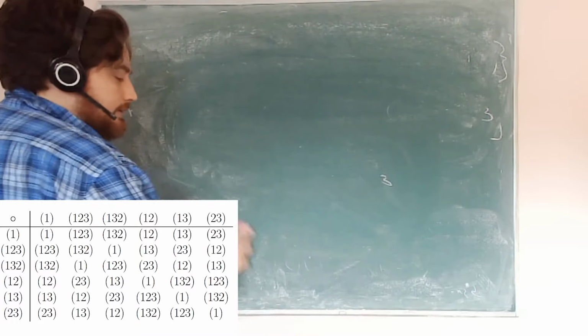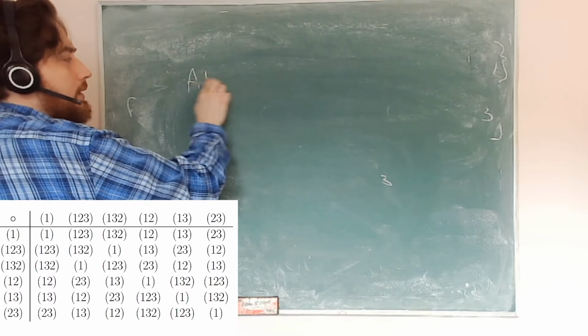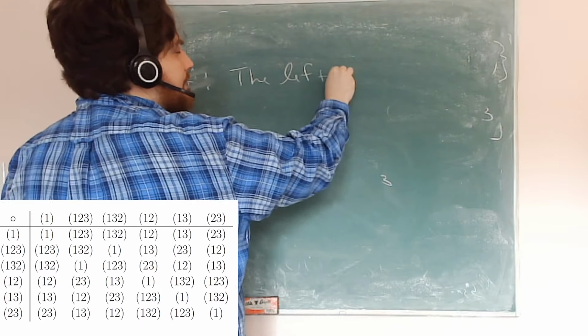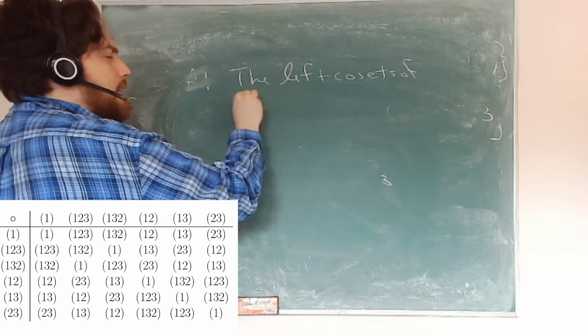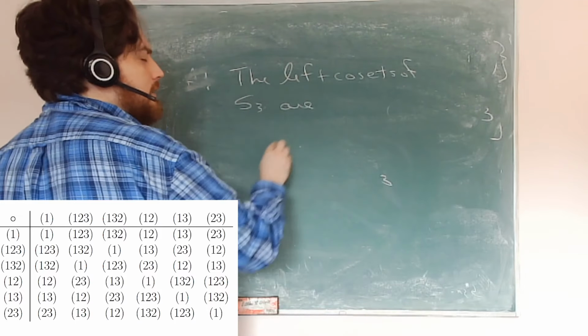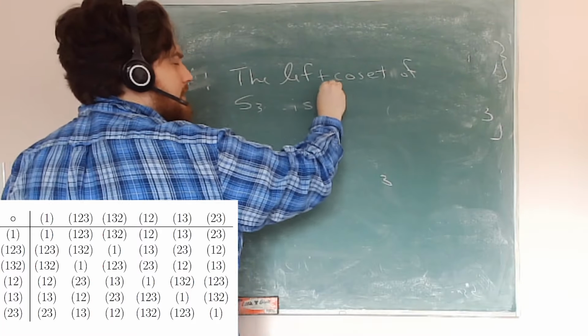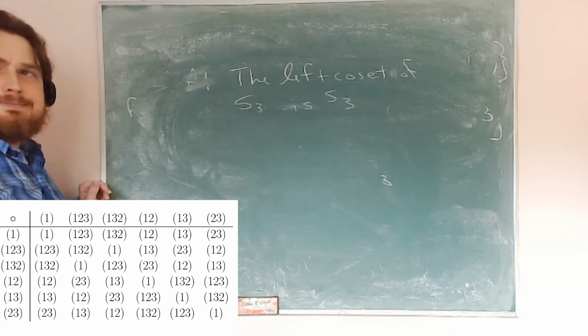So I would say all the left cosets of S3 are, or is, the left coset of S3 is S3. The right coset of S3 is S3.